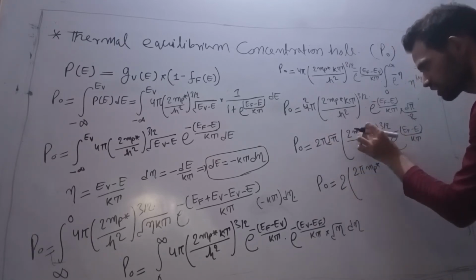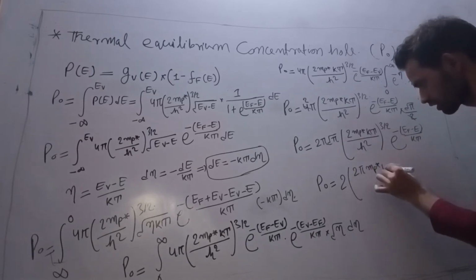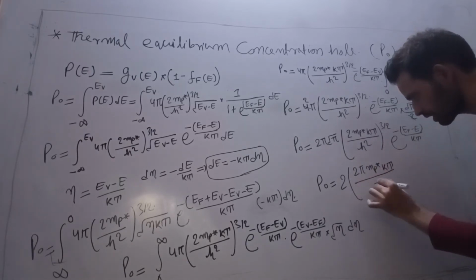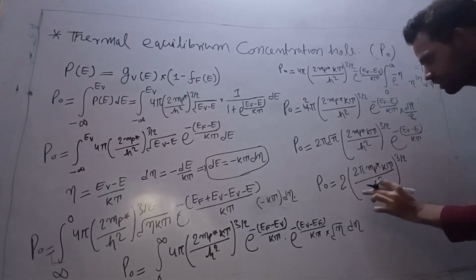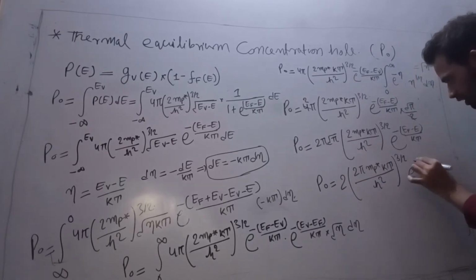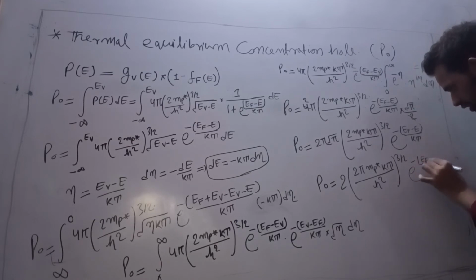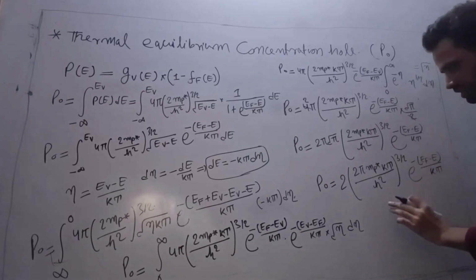That's why I am taking it inside. So we are left with the final answer: (2 pi mp star KT divided by h square) to the power 3 by 2, into e to the power minus (EF minus E) by KT.